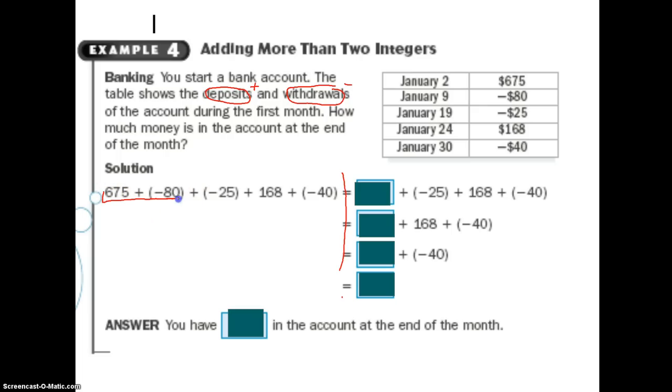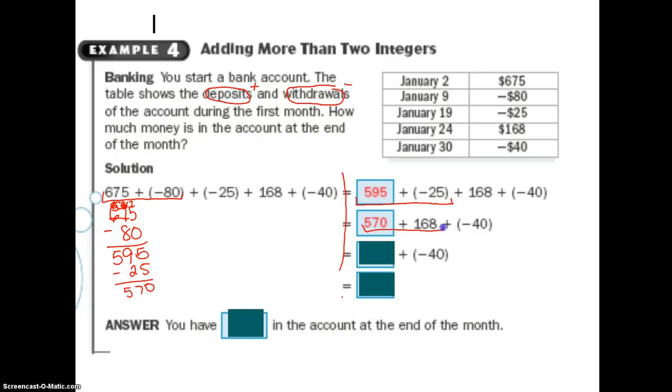So let's do 675 minus 80. Because they're different signs, we need to subtract. Oops, that becomes a 5. That becomes 17, excuse me. 595, positive. Now we want to do 595 plus negative 25, so we're still subtracting 25. Different signs. 570.